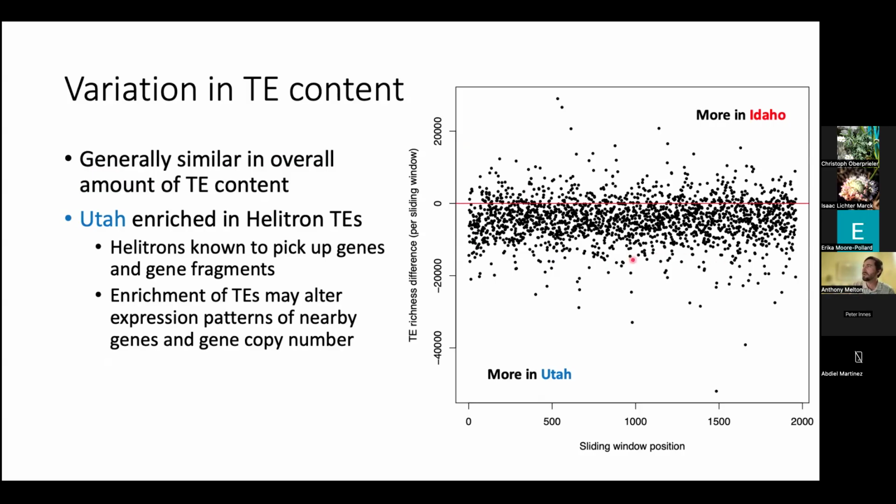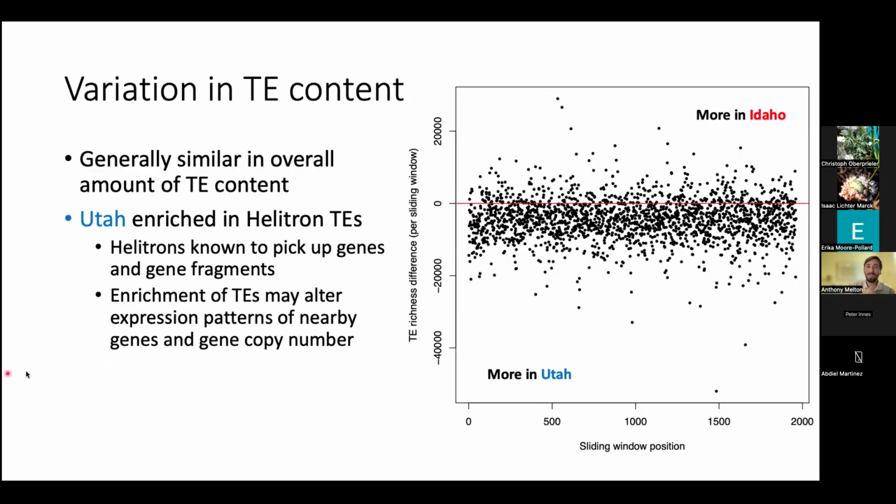This figure is showing the amount of transposable elements within a given window of the genome. If you have a dot below this red line, there's more of that specific TE within the Utah genome. And if you have a dot above the red line, there's more of it in Idaho.